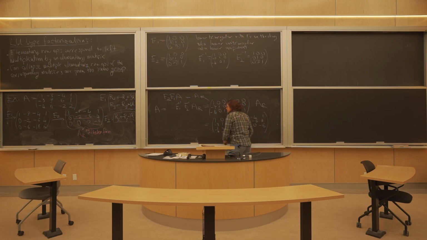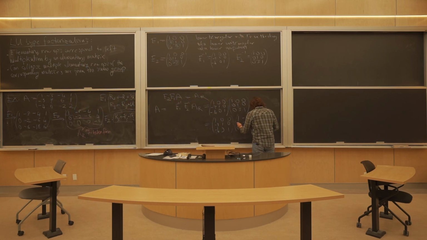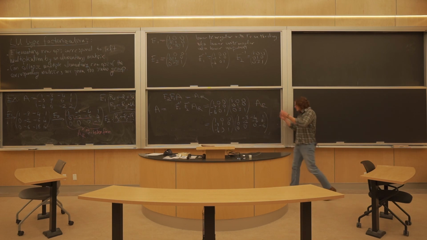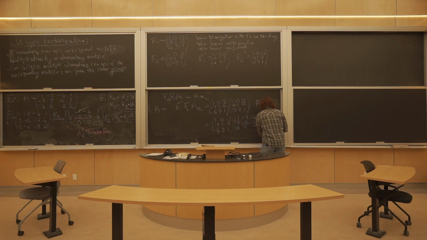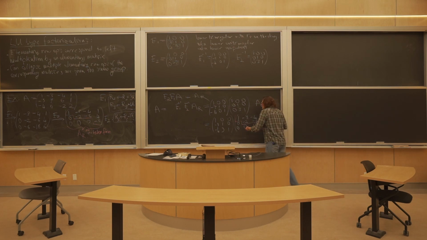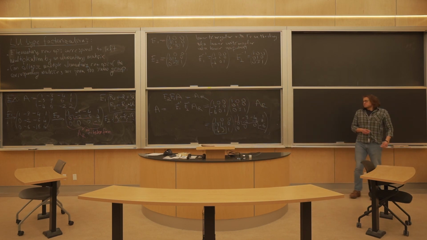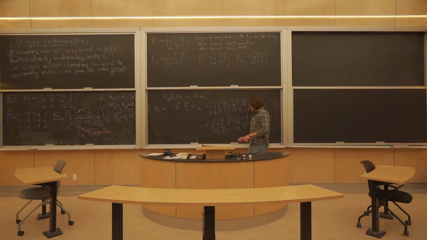Now note that finally we have an L for lower, and we have a U for upper. This is not quite upper triangular because it's not a square matrix, but it's an echelon form. It's the best you can get in this case. Okay? Any questions about this?